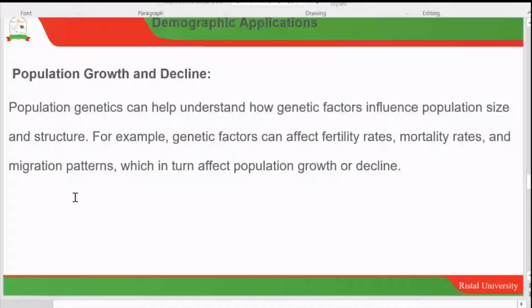Then we also have migration and gene flow, which refer to the movement of genes from one population to another. This can lead to changes in the genetic structure of the population, such as the introduction of new alleles or the loss of existing ones.